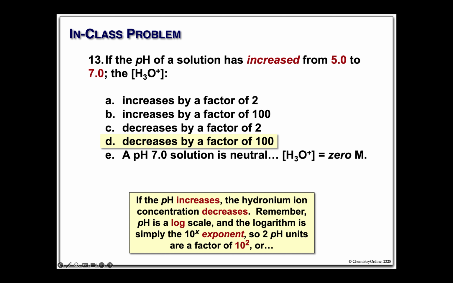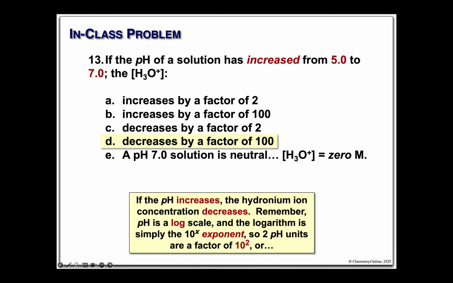You can also do this in your head, if you like. At pH 5, we are 10 to the minus 5 hydronium. At pH 7, we are 10 to the minus 7. That's a factor of 100 less, isn't it? Good question.